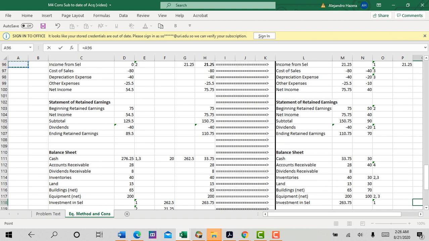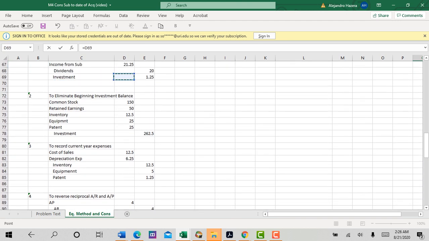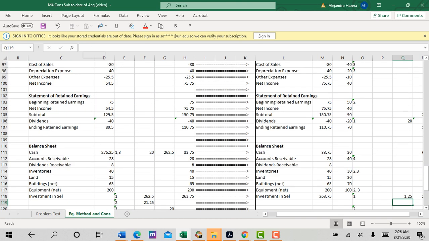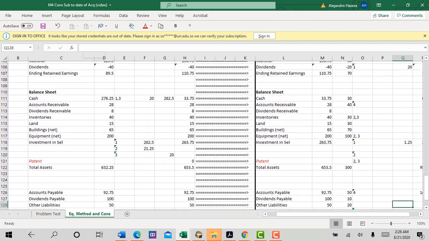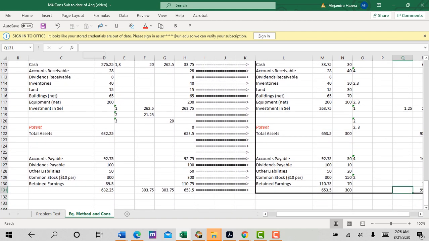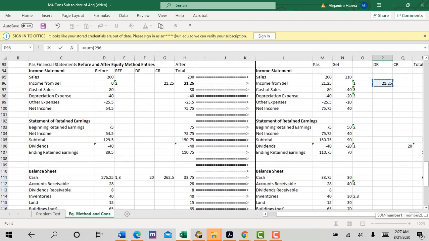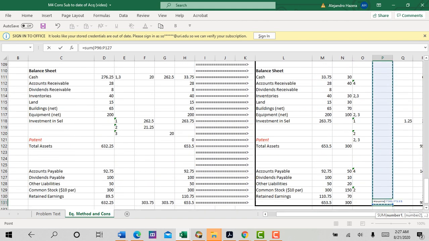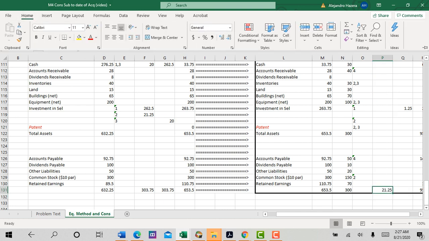Let me go up and actually post the entry so you can see that credit goes to the investment account. Okay, so that takes care of entry number 1. I want to put a sum here of these amounts.